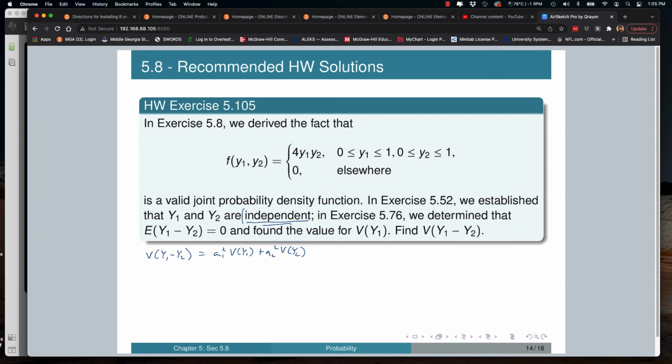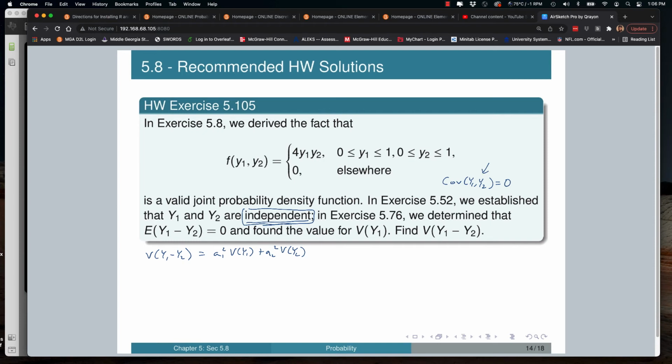Remember, that's what independence tells us here, that the covariance equals 0. So we don't have to add in that last term in this case. So that's basically our formula. We've just got to find the variances for each one, and we'll be good to go.